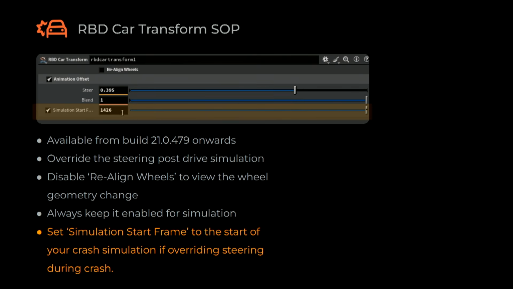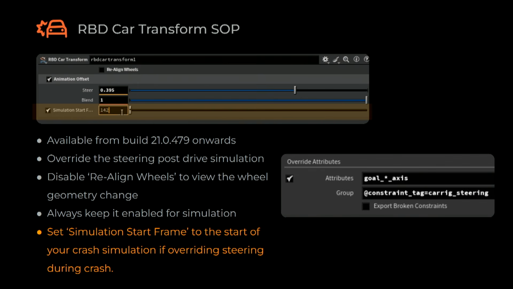So if you have a scenario where you want to override the steering constraints while your car is crashing, you might want to enable the start frame, set it to the same frame as your simulation, and you can update your constraints under the constraint tab. By doing this, you're essentially setting up your steering animation manually on the SOP, and you're also allowing it to be overridden when your car is actually crashing and toppling without any sort of mismatch.